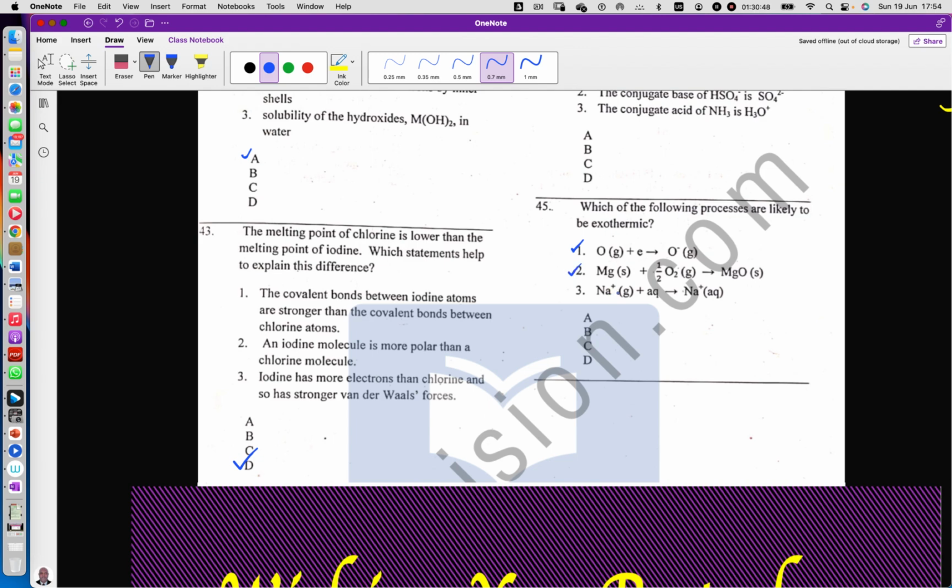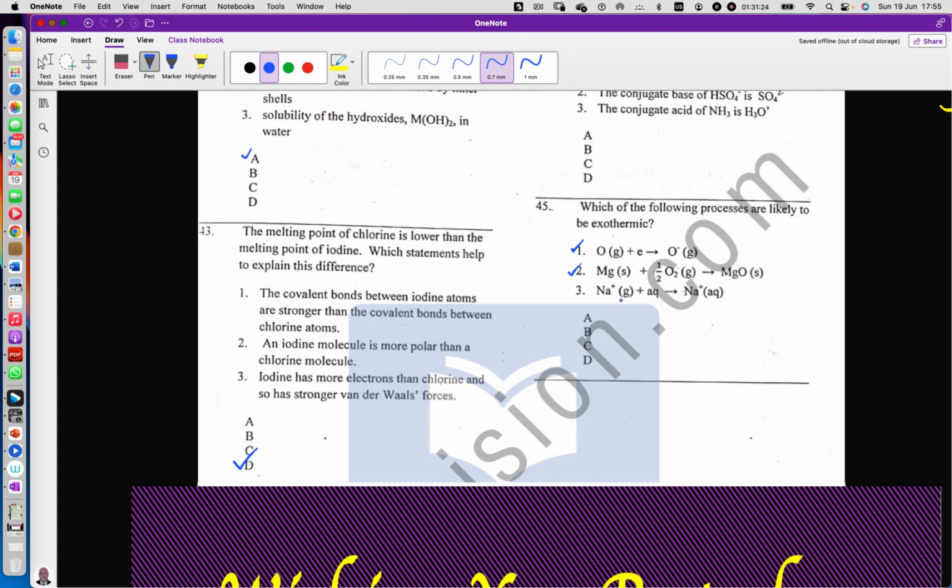Then sodium in water. You know how sodium reacts. Reaction of sodium with water: sodium reacts explosively with water. Group 1 metals react violently with water, especially sodium and potassium. That is why sodium is stored under paraffin, because it reacts violently with water. And when it reacts violently with water, energy is being released.